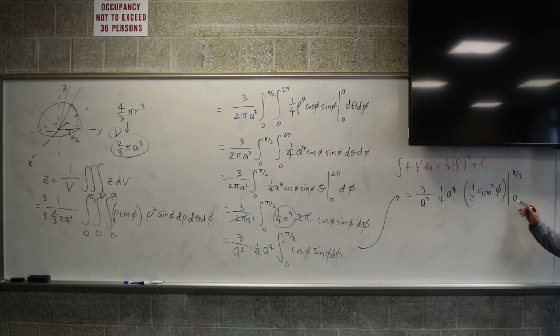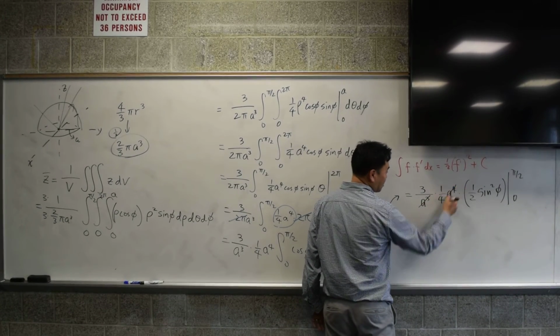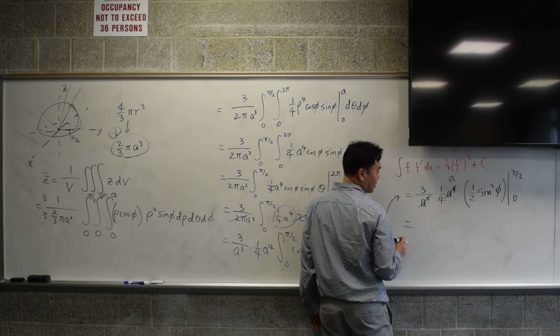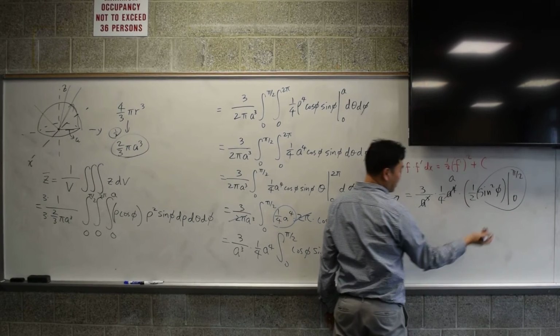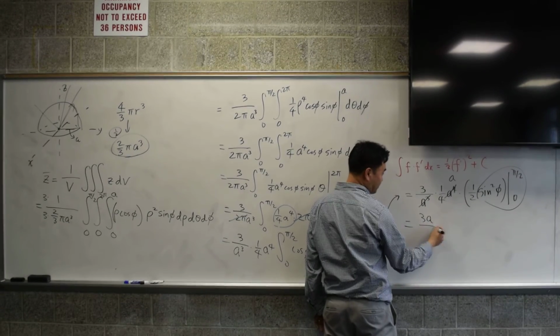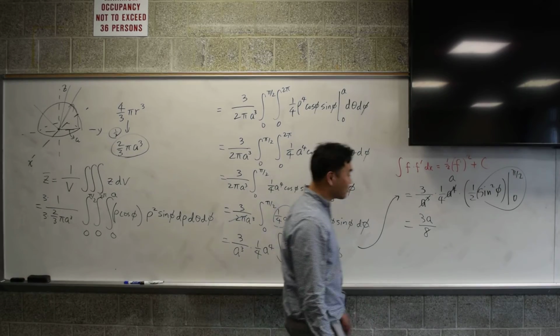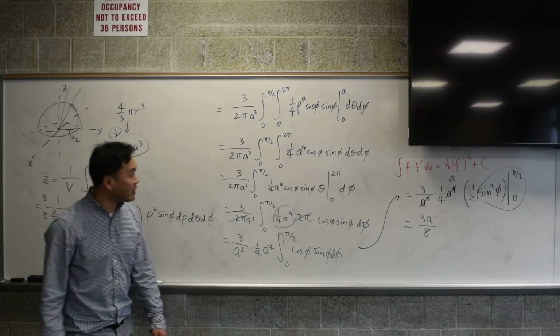So you get 1 minus 0, so that's just 1 if you plug this in. So you end up with just 1/2, right? And it's almost done, because now, if I reduce a cubed with a to the 4th, you just have 1 a surviving. This will be 1 if you calculate. So you end up with 3 on top, so 3a, 4 times 2 on the bottom, so that's it. That's the formula for the center of mass.